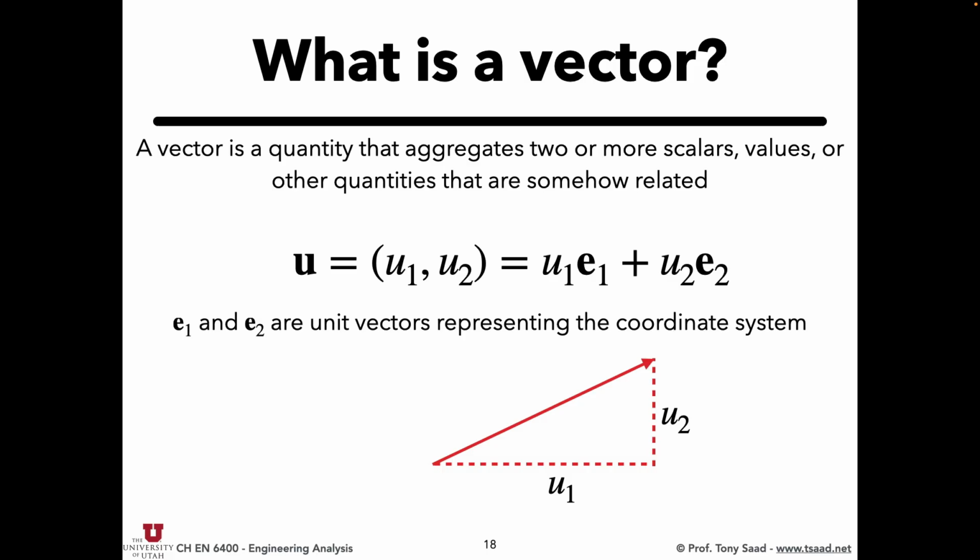So if we take this wall as the x-axis, and this wall as the y-axis, if I go in this direction, I only have one component of speed in the x direction. I need one number, right? And if I go in this direction, I need one number to describe my speed. But if I go in this direction like this, I'm going to need two numbers to describe my velocity. How fast I'm going in the x direction, how fast I'm going in the y direction.